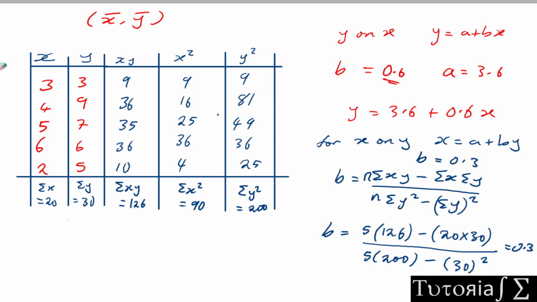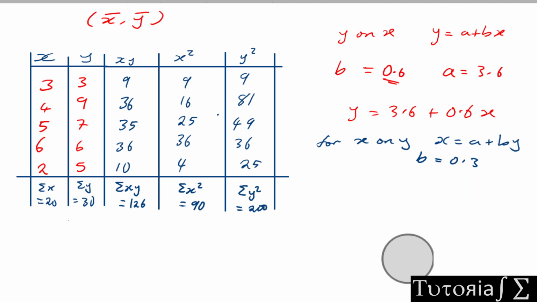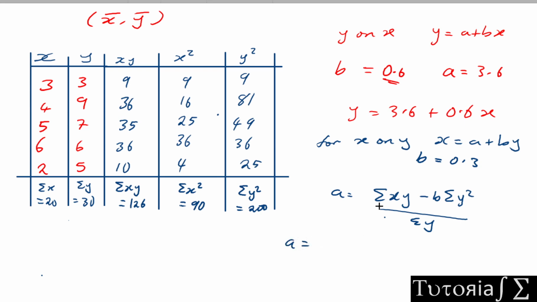We go on to finding a. So now for x on y, a is equal to summation of xy minus b, summation of y squared over summation of y. Again, we just replace variables there.